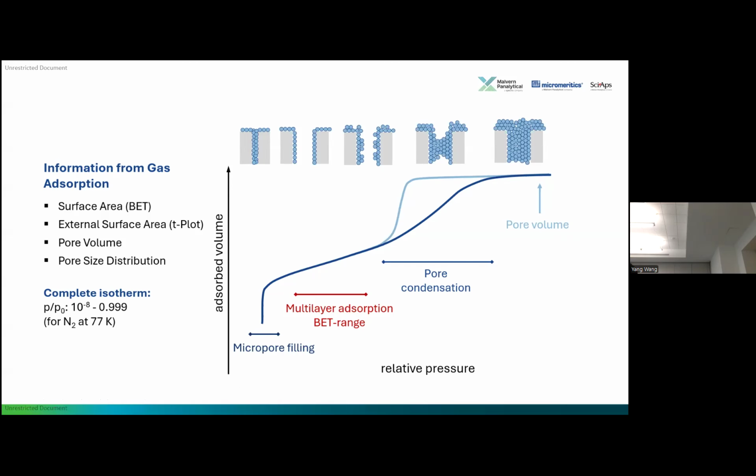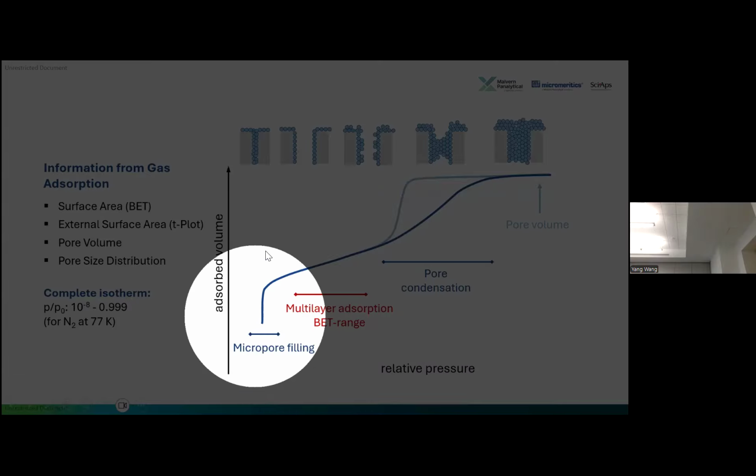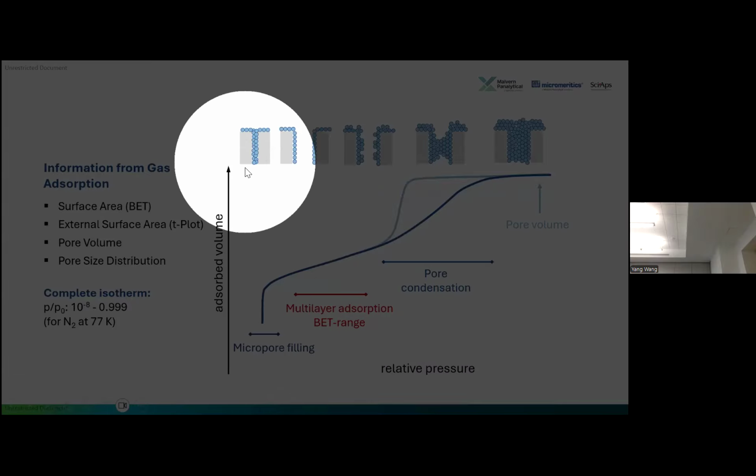So you're measuring a blank. Sometimes you can measure it in situ, or you can calculate it based on the density and volume of your material. But what you're looking for is down here, as you start in your vacuum, you get micropore filling, where it's filling the micropores.